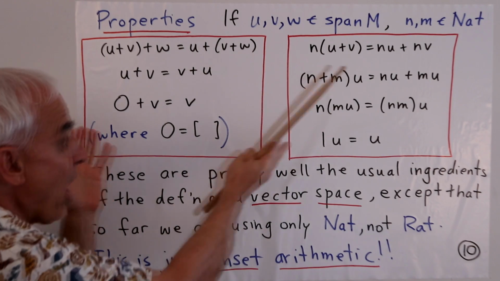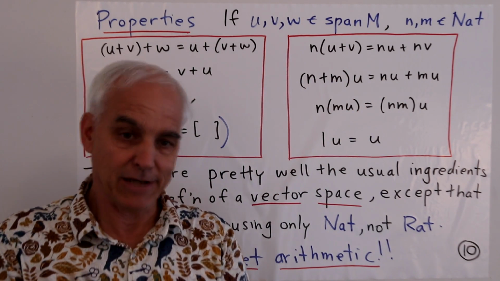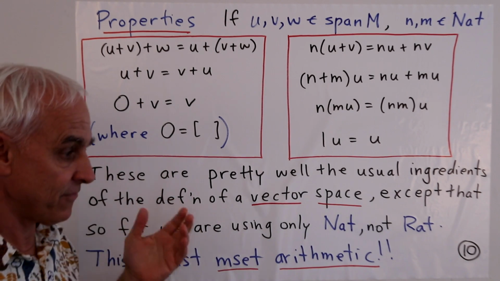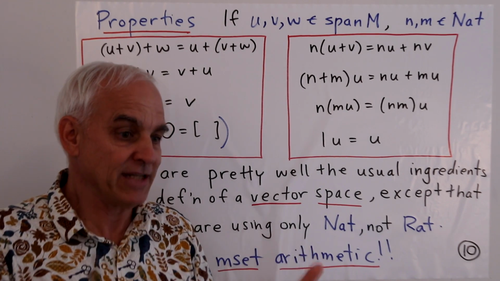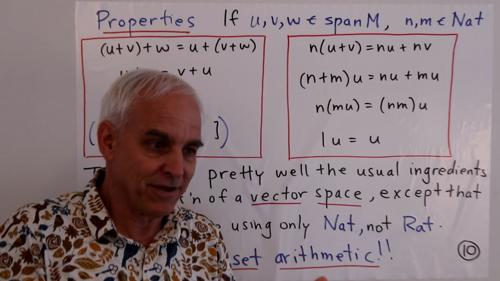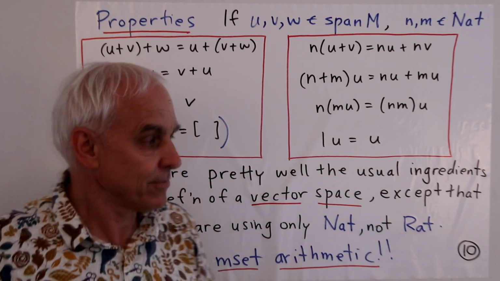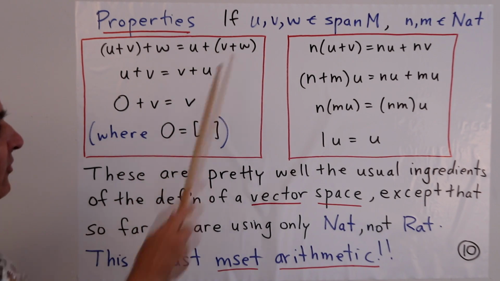Now here are properties of the arithmetic of these linear combinations. And they're really all very familiar to us because we're just iterating things that we already know about the way we add msets. So (U + V) + W equals U + (V + W).